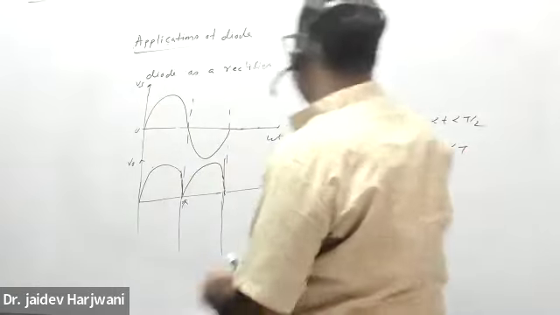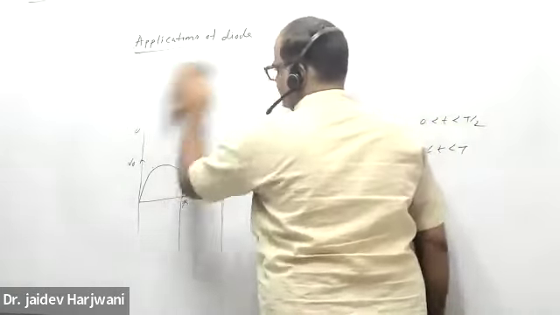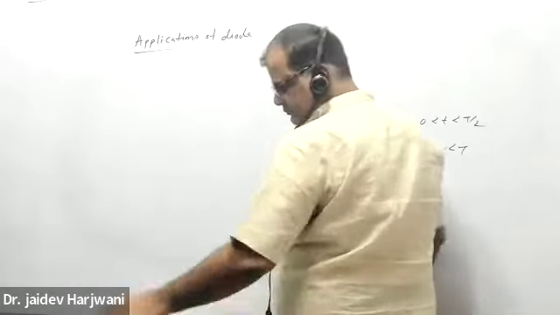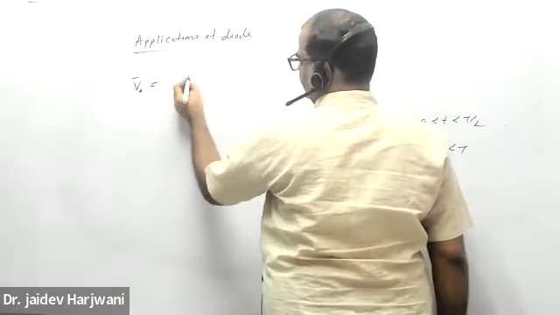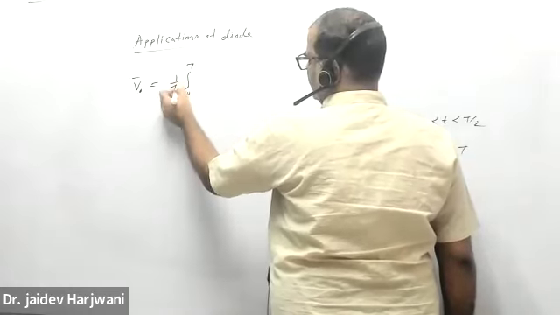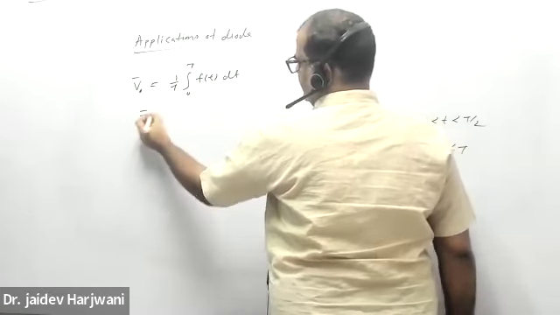So if you want to find the average value, that will be 1 by T, integral 0 to T of f(t) dt.